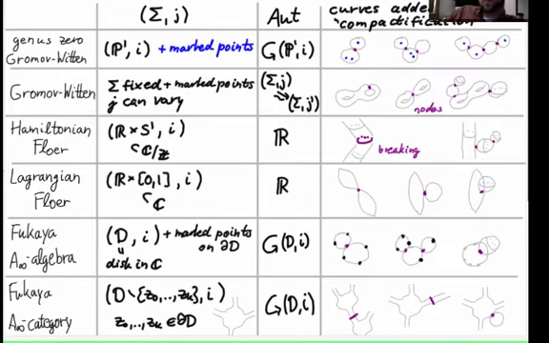So here's the zoology of what kind of domains and what kind of automorphisms there are, and then some rough pictures of what happens when you add the nodal curves. Genus 0 Gromov-Witten: we simply fix the sphere with the standard complex structure, and there will be some extra mark points flying around.